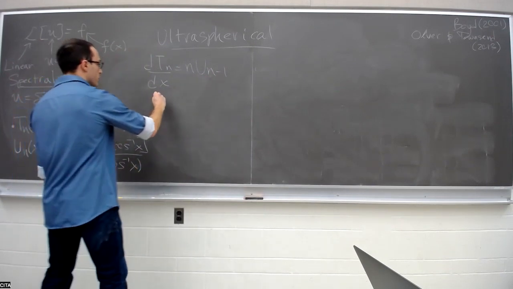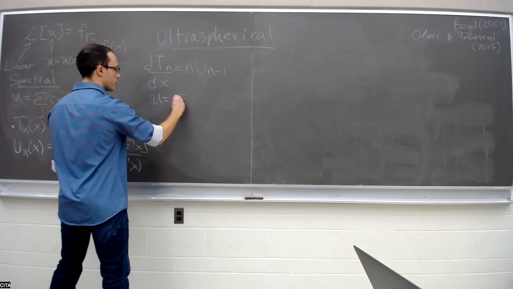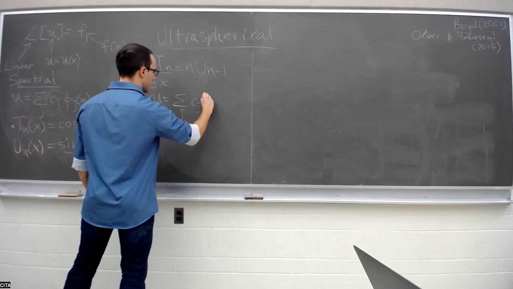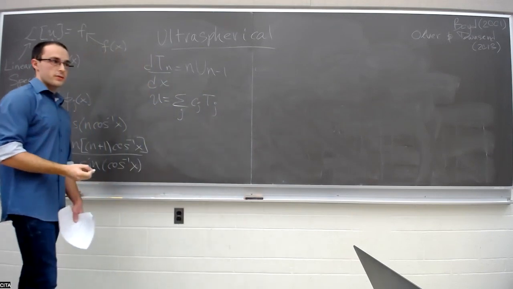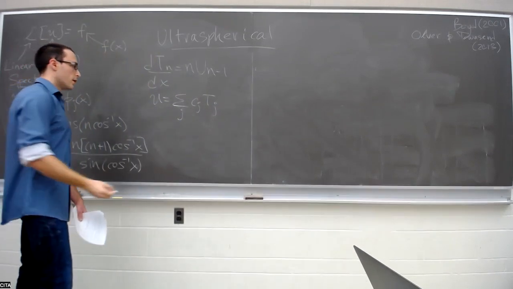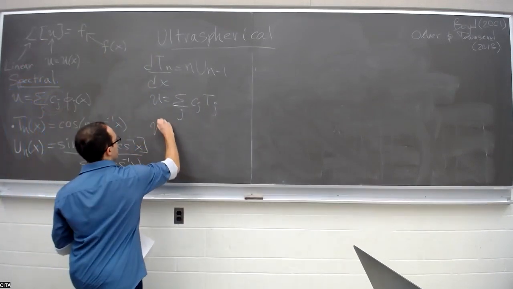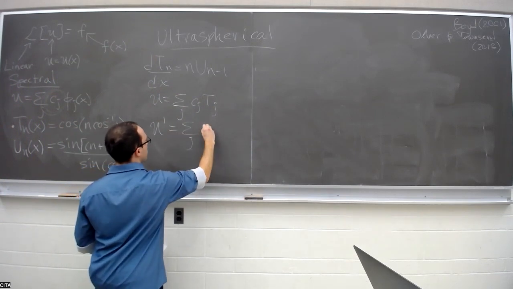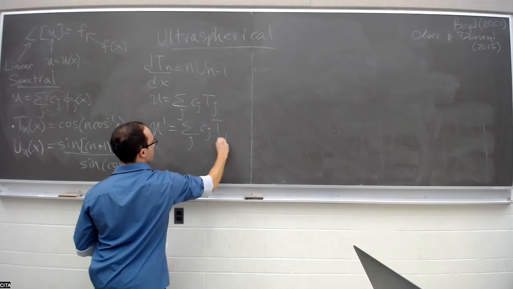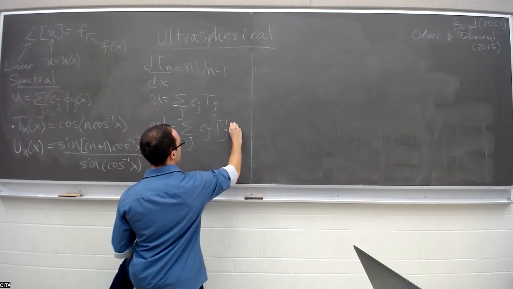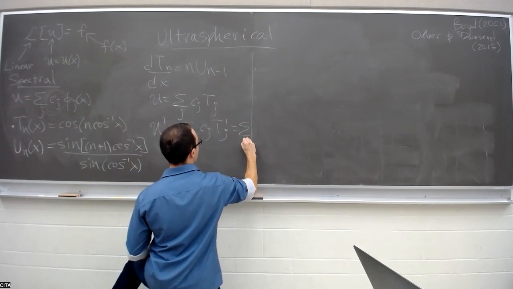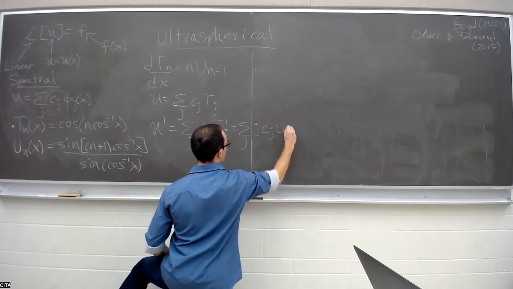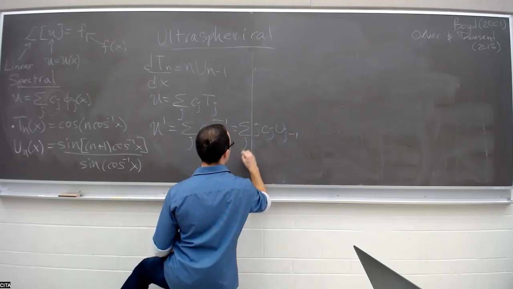So if you have a solution expanded in regular Chebyshev polynomials, then you can represent its derivative in terms of the Chebyshev polynomials of the second kind.